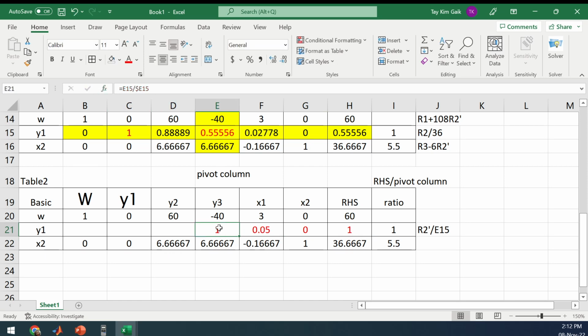If you put a dollar before E, when you copy it to the next column, E would become F, but I fixed it at E. So it still divides by E15. If I put a dollar at the back, it means fix the row. So when you copy it down, it always divides by the cell E15. So it will be easier, I think.